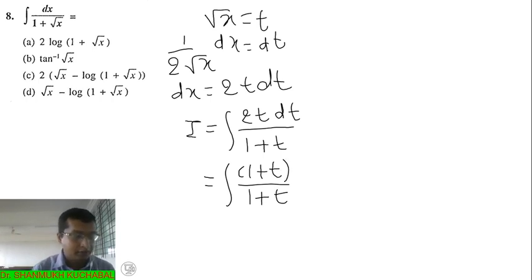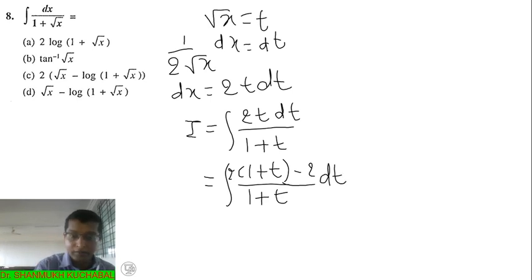Further, 2 is common, so I take it like this, it is 2 plus 2t. Here only it is 2t, 2 is extra. To balance it, I subtract 2 and I write into dt.